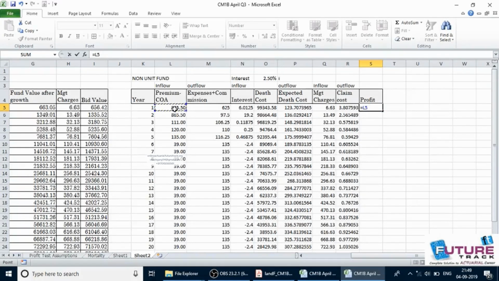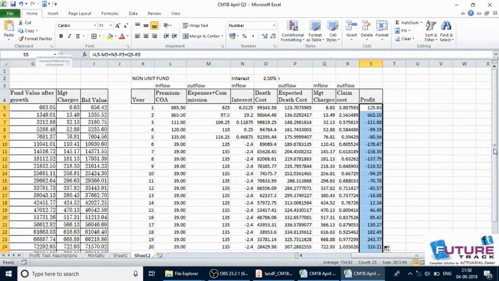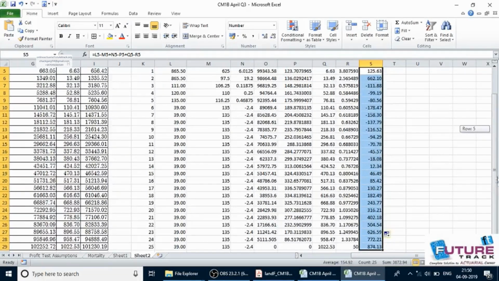This minus this plus this minus expected death cost plus management charges minus claim cost. Fine. Any problem? Enter. So this is my profit for the first year, and double click this. We get the profit for all the years. Fine.